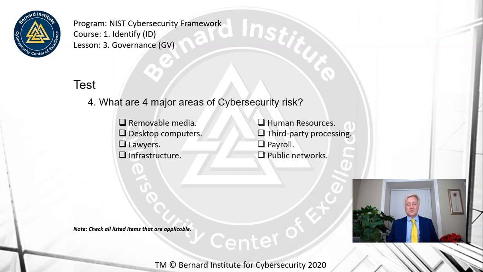So where do you see the biggest risk for cybersecurity? If you said removable media, that's correct. Some organizations don't allow any removable media. Some of them give the employees what we call a thin client. And on the thin client, there are no USB ports, there's no flash drive ports, there's no CD-ROM, there's nothing that you can use to copy data out of and take it with you.